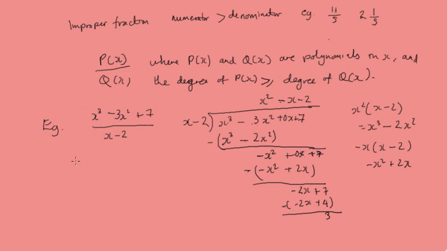So this will then become our x squared minus x minus 2, plus our remainder divided by x minus 2. So I hope that helps.